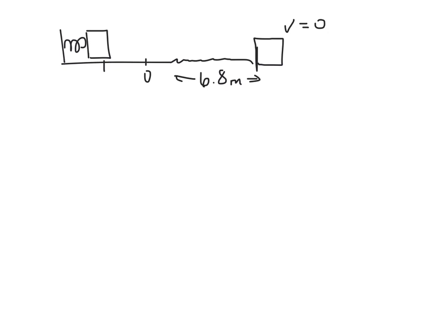Mass of the block is 3.9 kilograms. The spring constant is 640 newtons per meter. Again, it takes 640 newtons to stretch that spring a meter. And the mu at this point, as it's sliding, is 0.25.